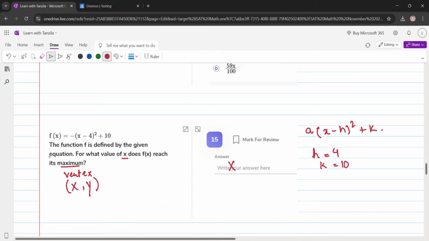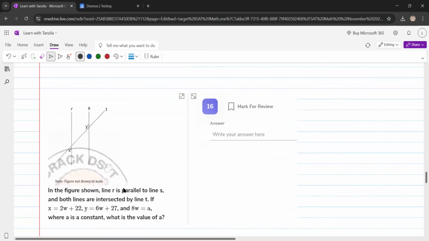That means my parabola has the vertex at 4 comma 10. What is my answer? My answer is 4, not 10. 10 is not the answer. It asked me about the value of x. Moving on to question 16.